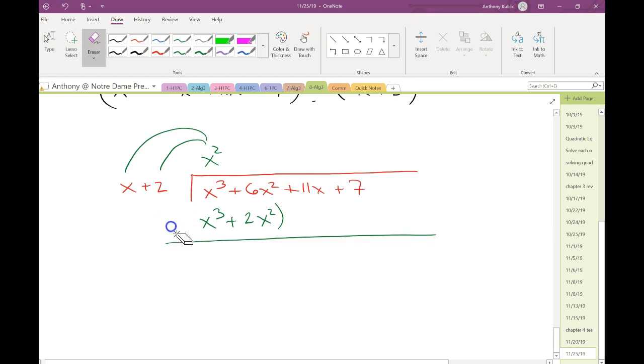So I'm going to erase these parentheses and do that distributing. So the positive x cubed becomes negative, and the positive 2x squared becomes negative, and now we're just going to add straight down. So x cubed plus negative x cubed is 0, and 6x squared plus negative 2x squared is 4x squared, and then we'll bring the next term down.